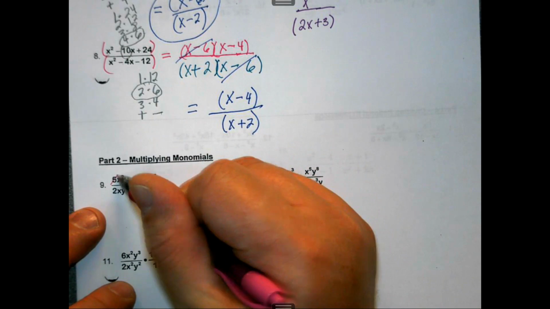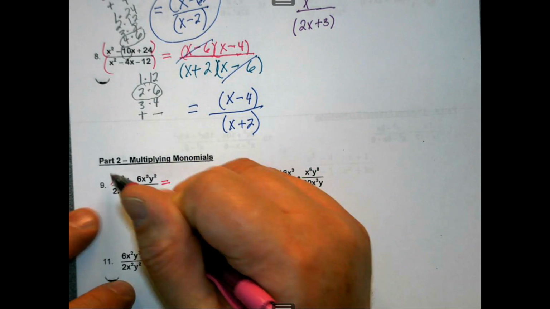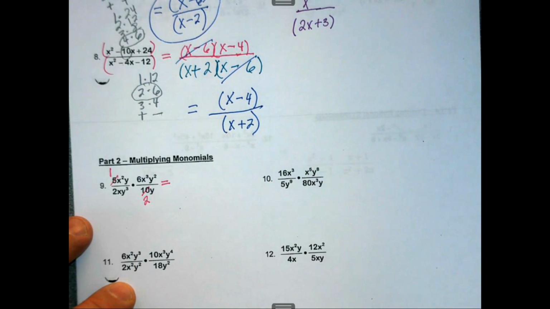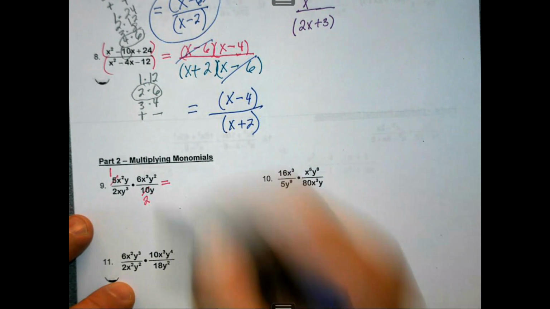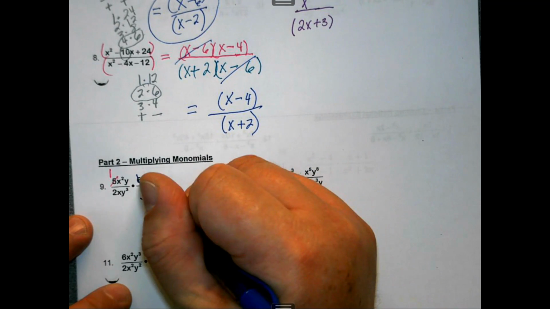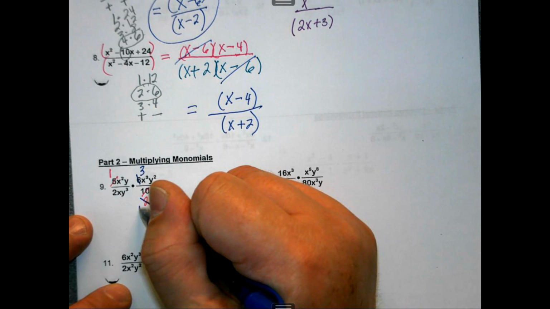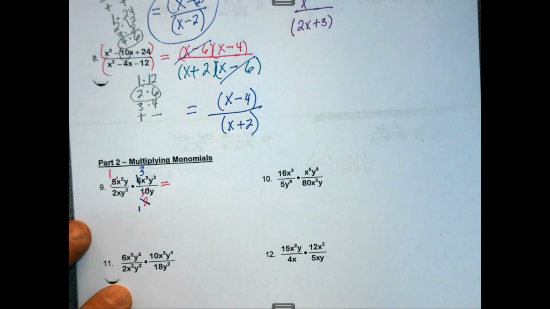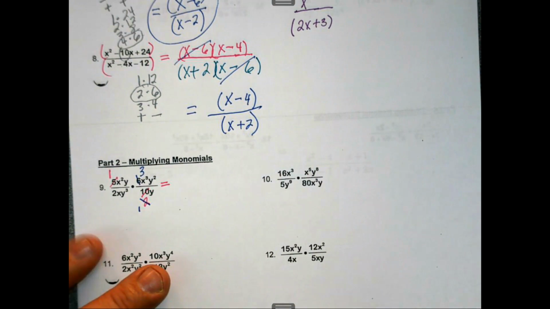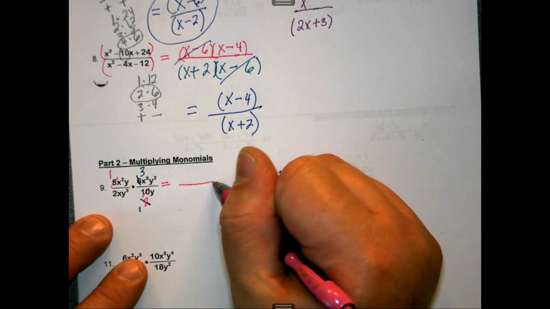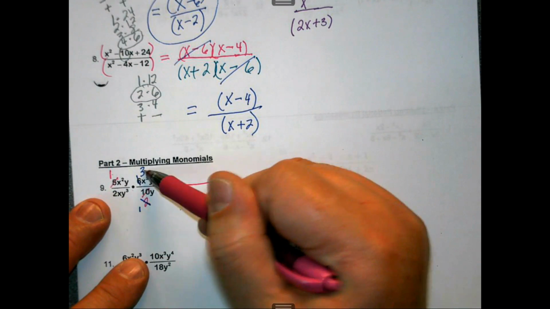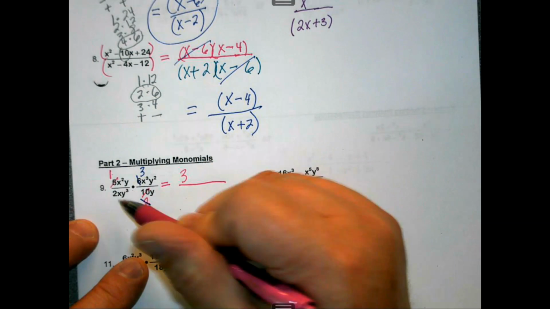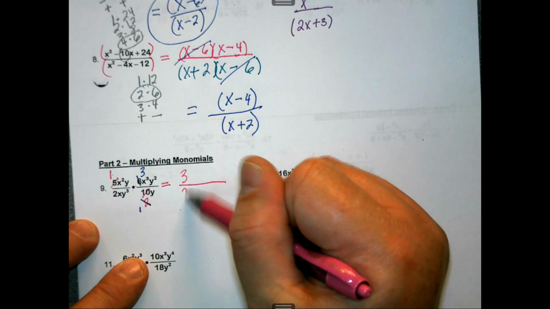So 5 goes into 10 twice, goes into itself once. 2 goes into 6 3 times, goes into itself once. So number-wise, I have 1 times 3 is 3, 2 times 1 is 2.